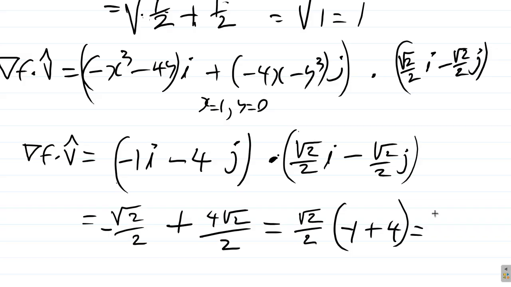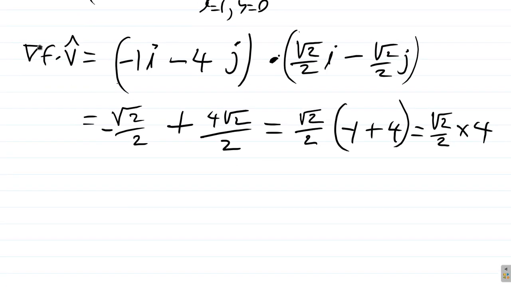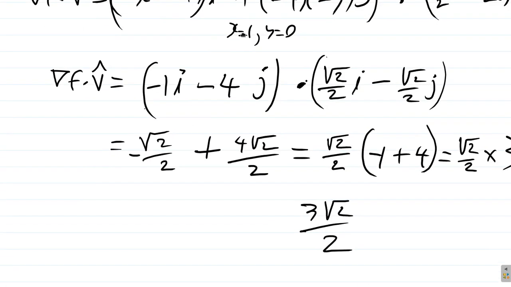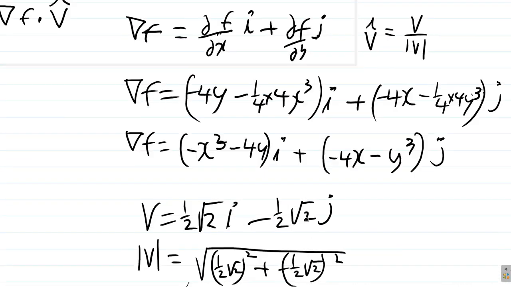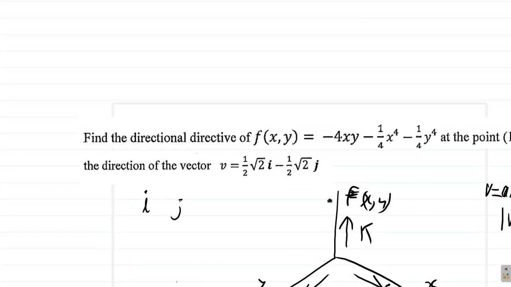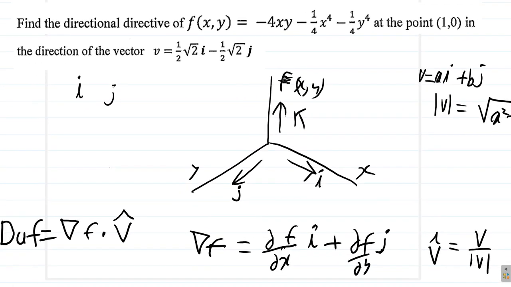The square root of 2 over 2 multiplied by 3, so it's 3 square root of 2 over 2 then. That's one way of putting it. Alright? Nice. So we have our directional derivative. Alright, so that's our directional derivative there. So that's that.